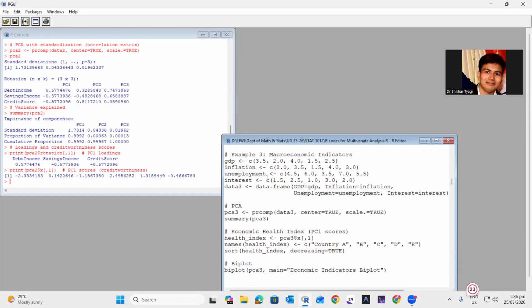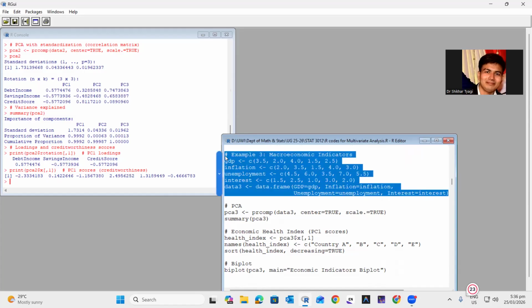And unemployment, which is the unemployment rate, is 4.5, 6.0, 3.5, and so on. Interest we store again as a data vector: 1.5, 2.5, 1.0, and so on. After that, we store these in a data frame, and we check it again.